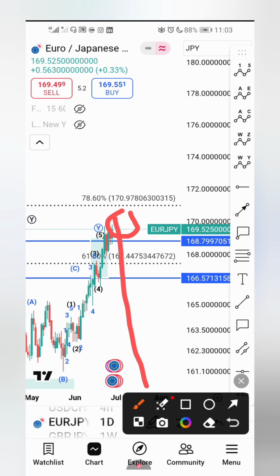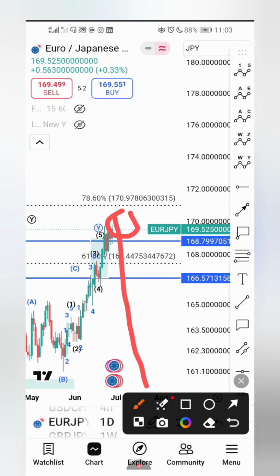I'm expecting the yen to be stronger from next month. That means from the ending of this month to next month, being July to August, the yen is going to be stronger. So that's what I'm expecting, the pair to sell from here down to that place.